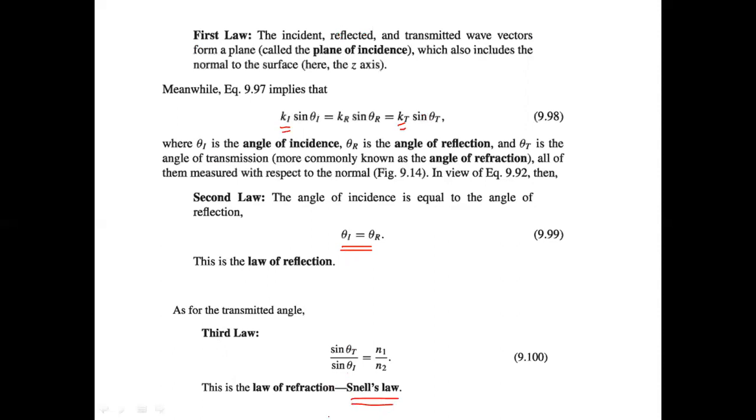So this is Snell's law, the law of refraction, right? N1 is the refractive index. Refractive index is just the ratio of the speed of light in vacuum to the speed of light in the medium. So that is how we get it.